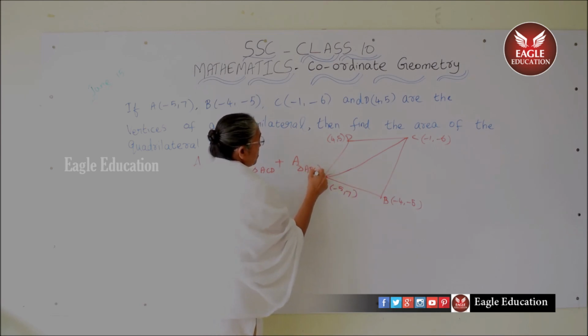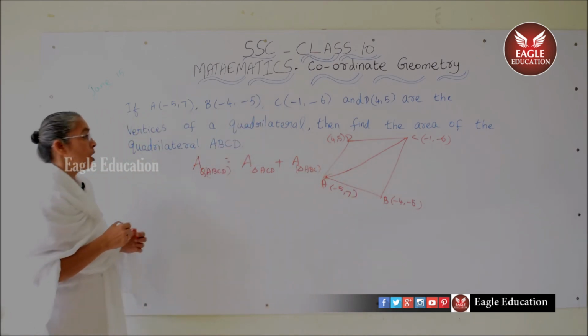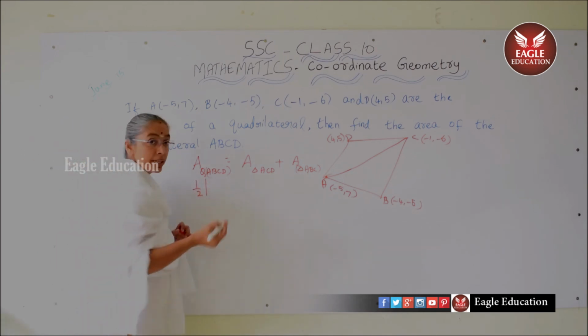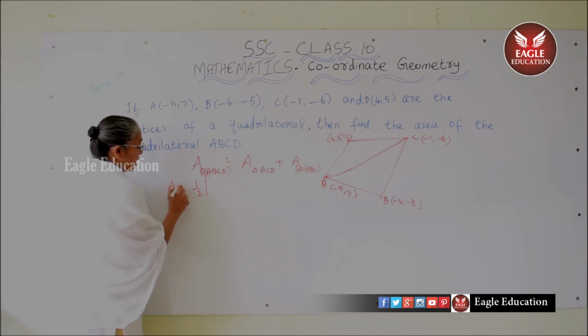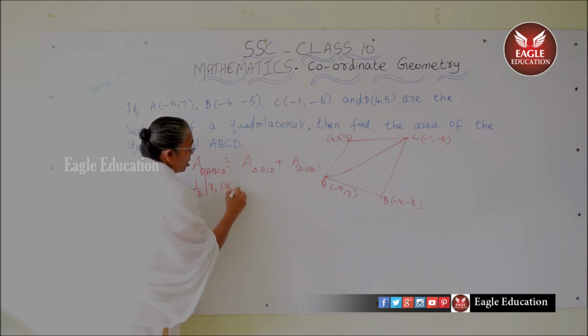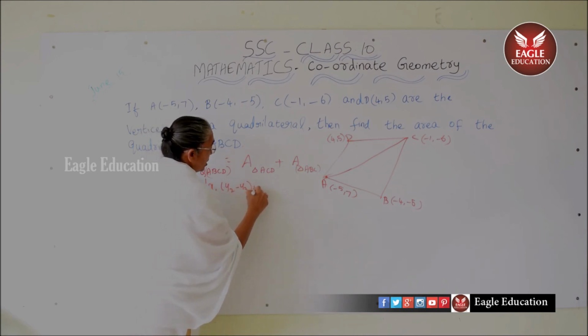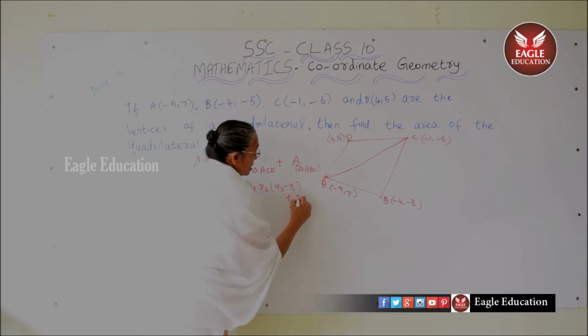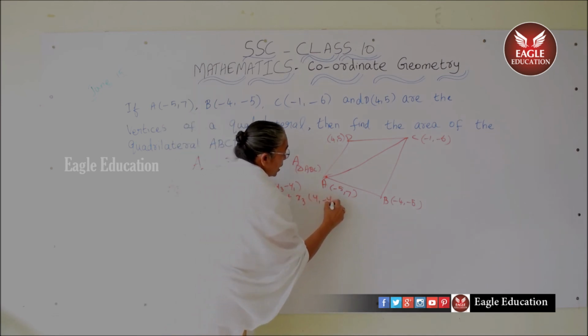Now, in the previous problem we discussed the formula of area of triangle. If the vertices of the triangle are (x1, y1), (x2, y2), (x3, y3), then the area of triangle is half mod x1 of (y2 minus y3) plus x2 of (y3 minus y1) plus x3 of (y1 minus y2).